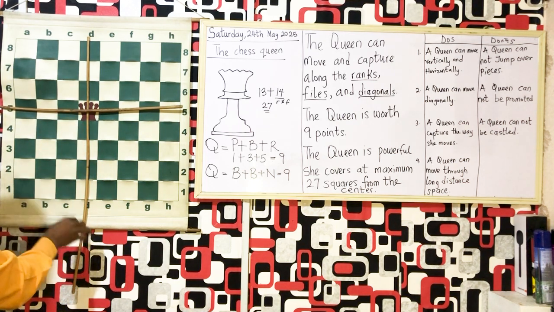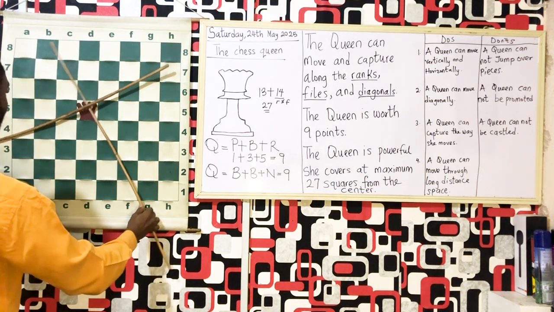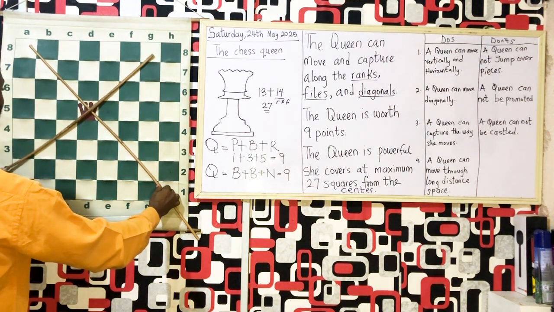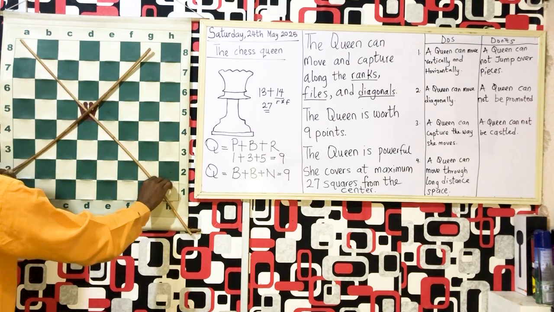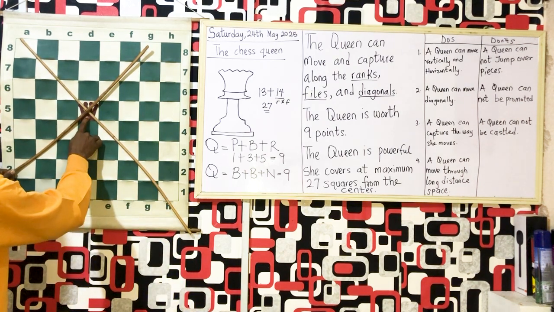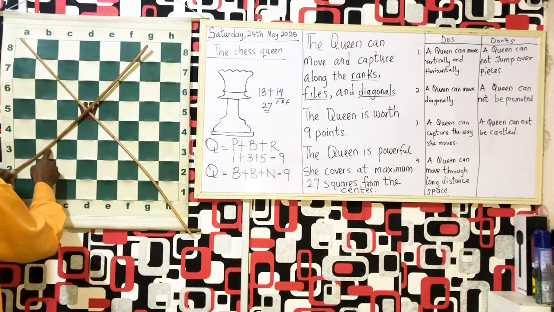Over to the diagonals. Diagonals are squares that look like this. You see, the queen at the moment is standing on a light square. So all the diagonal squares are light squares.